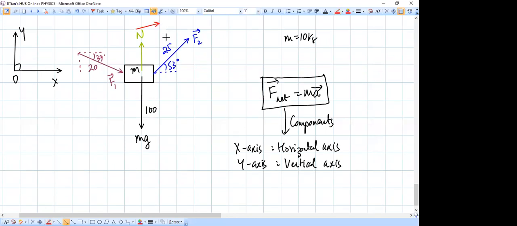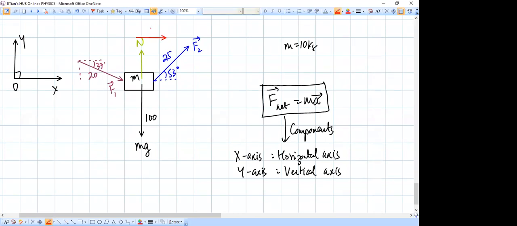So the body is sliding like this. This acceleration here is along x-axis, which also means that along y-axis there's no acceleration. So along horizontal there is an acceleration of magnitude a, whereas along the vertical there is no acceleration. Okay, understood this, people? Okay.